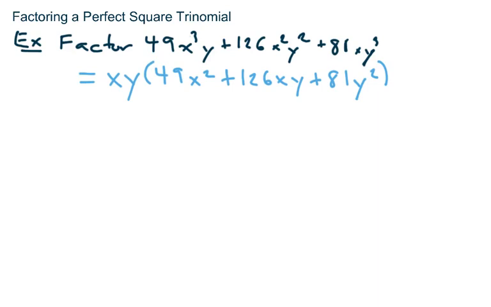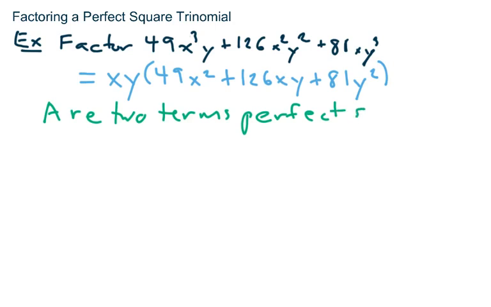So, first thing you want to ask yourself simply is this: are two of the terms perfect squares? I think we can notice that that is true. If you look at this term, I'm going to put some arrows in here going all over the place. 49x squared is a perfect square.